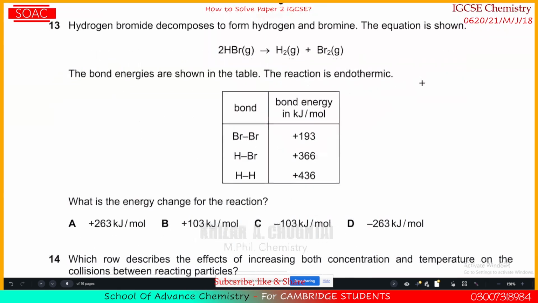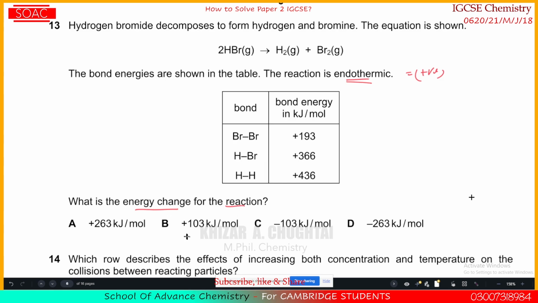Question number 13. Hydrogen bromide decomposes to form hydrogen and bromine. The equation is over here. The bond energies are shown in the table. The reaction is endothermic, I mean delta H is positive. And what is the energy change of the reaction?